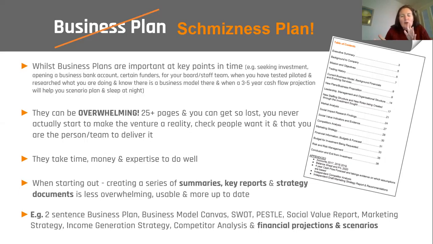You'll have a series of documents. You might have a business plan, or you might have a series of reports or strategic documents where you cut and paste information from. So this content is important to pull together, but you don't necessarily have to pull it all together at once.